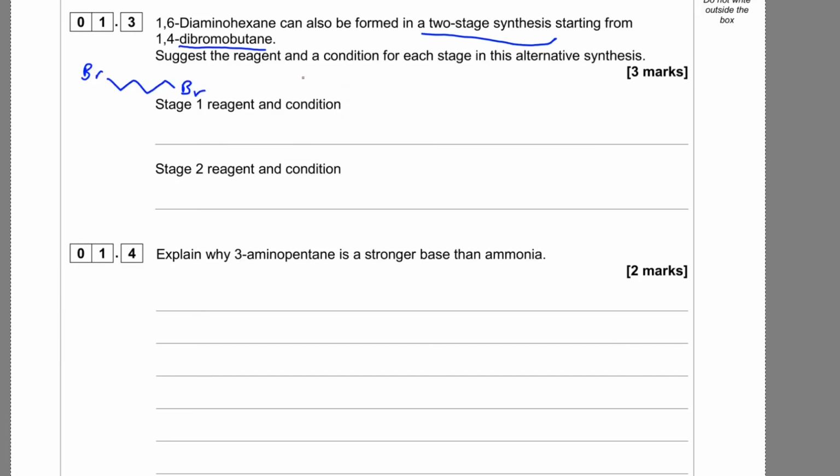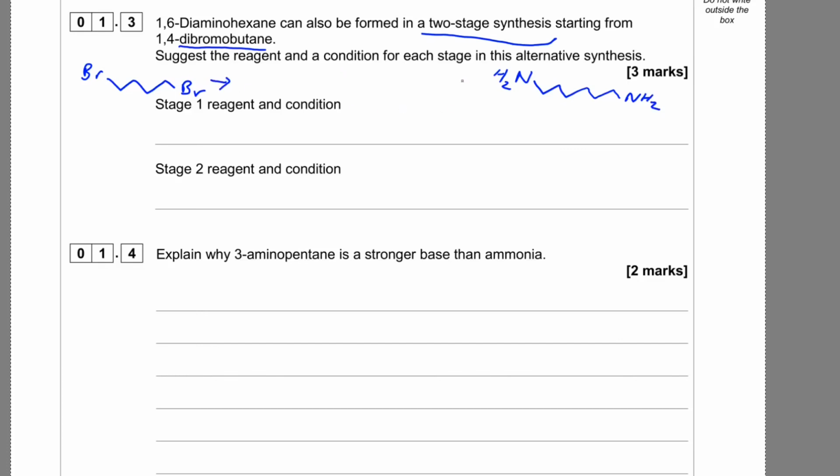Yeah, I did get it right. And ultimately we want the diaminohexane. So you've got an amine group and 1, 2, 3, 4, 5, 6, and then another amine group at this end. So that's the ultimate goal that we're going to get, but it's a 2-stage synthesis.